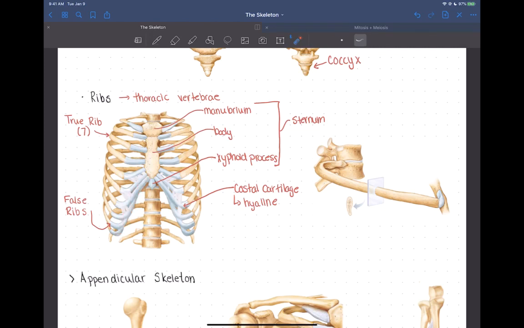And then lastly, there are 2 floating ribs. These are floating. They do not connect to the sternum at all. Whoops, we forgot to put 3 here and 2 here. And I do want to specify, when I say there's 7 true ribs, there's 7 pairs of true ribs.